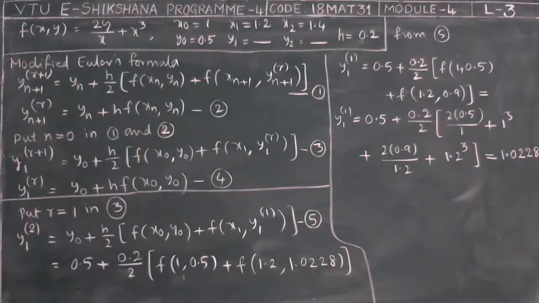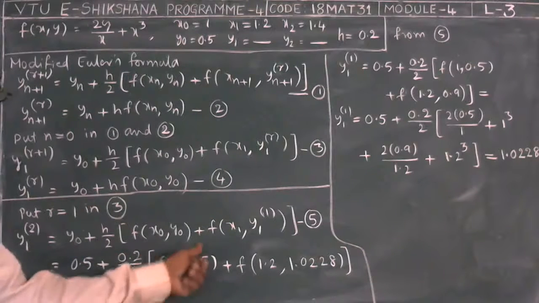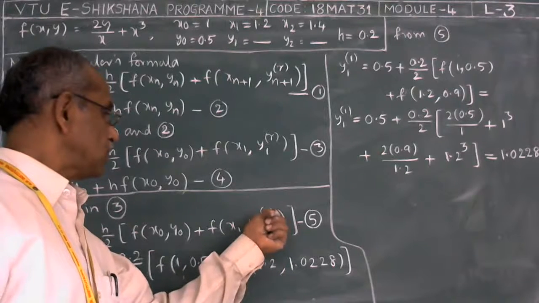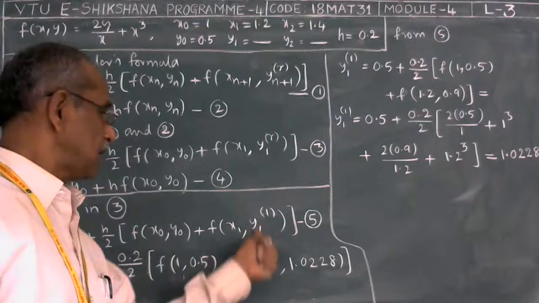Close. I think I'm clear here. Everything is the same, no change. Only thing, in place of y10, you have x1, y1 1.